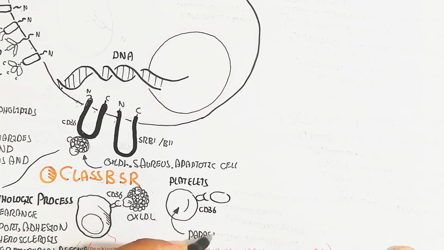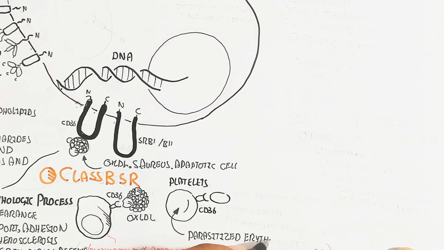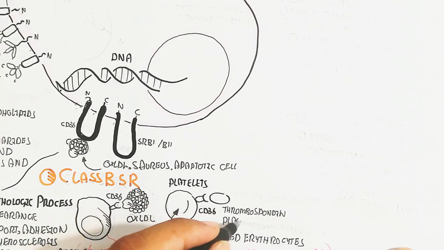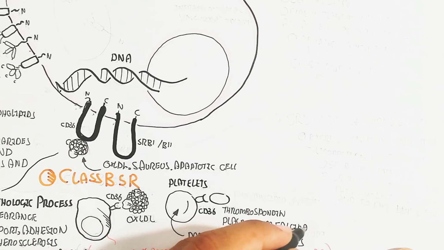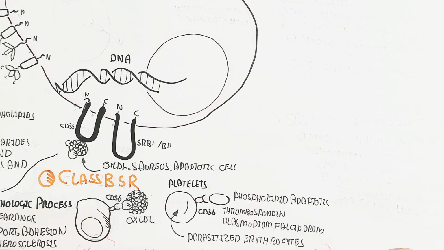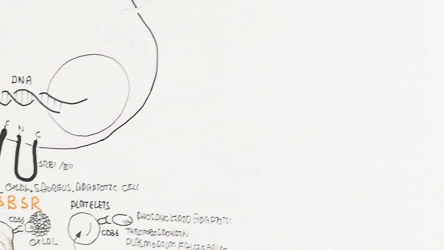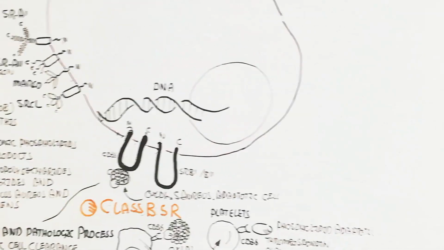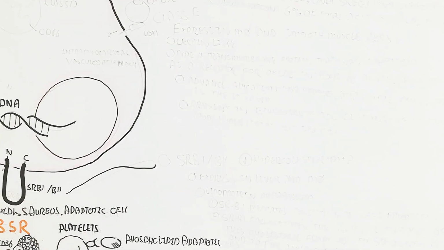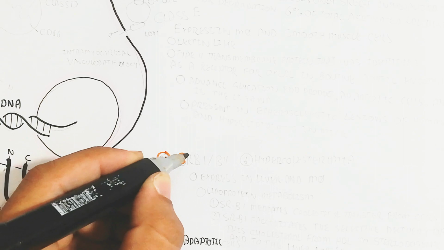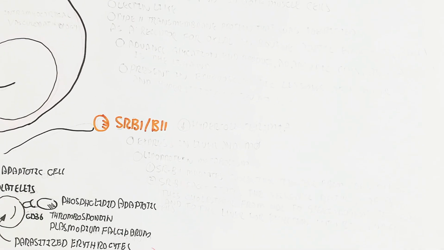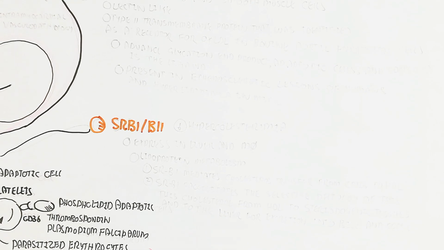Parasitized erythrocytes are identified by phospholipids, apoptotic cells, and thrombospondin, and Plasmodium falciparum is detected by the CD36 receptor on these erythrocytes. In this way, myeloid cells, which are present in the bone marrow, also contain this scavenger receptor.